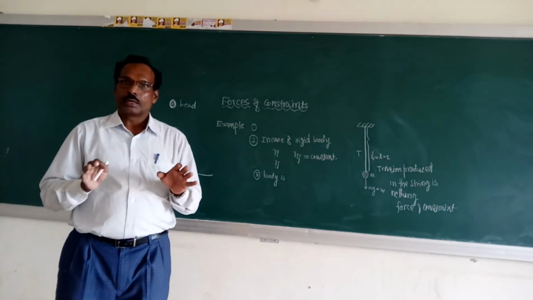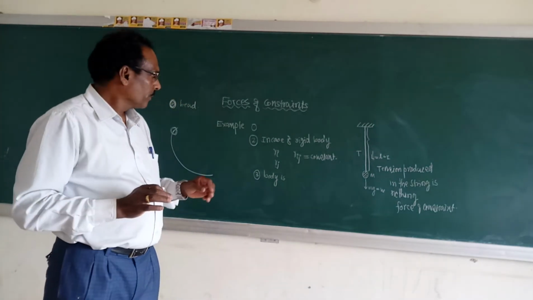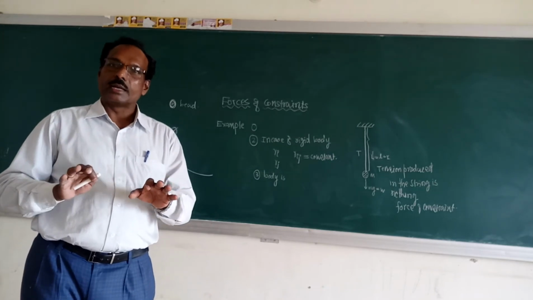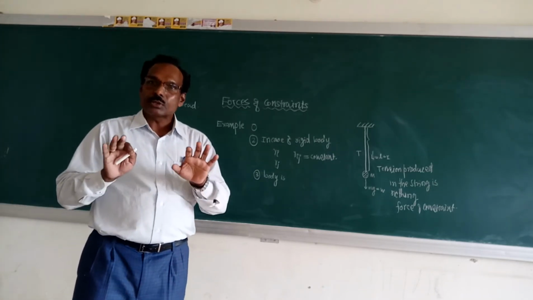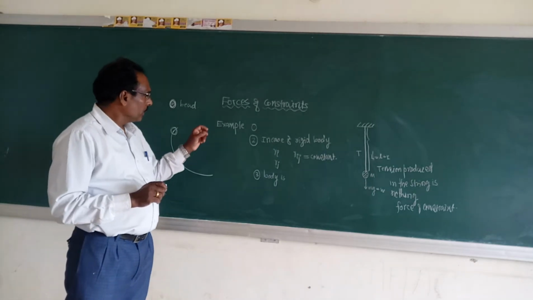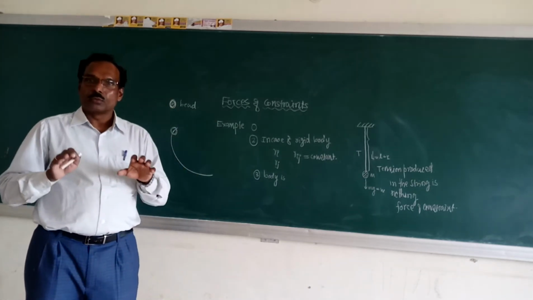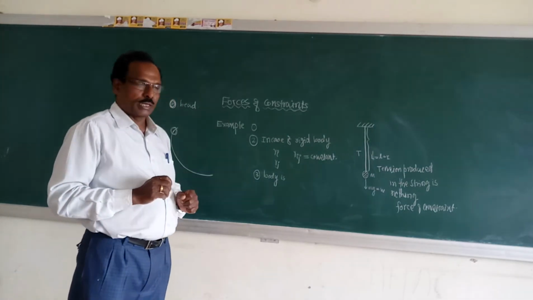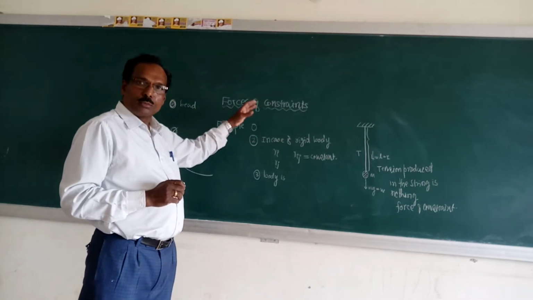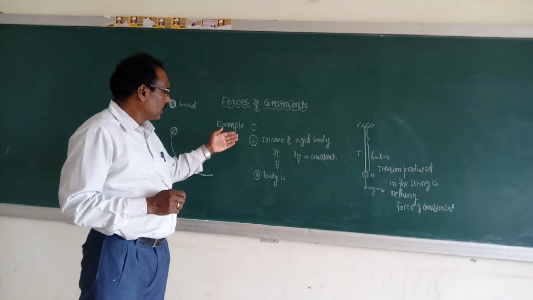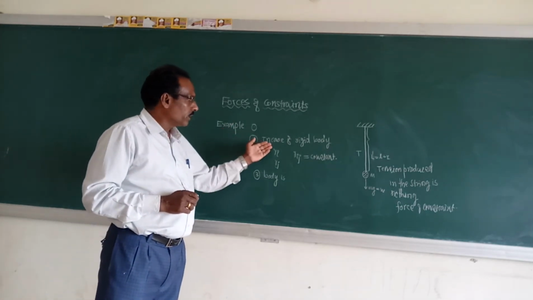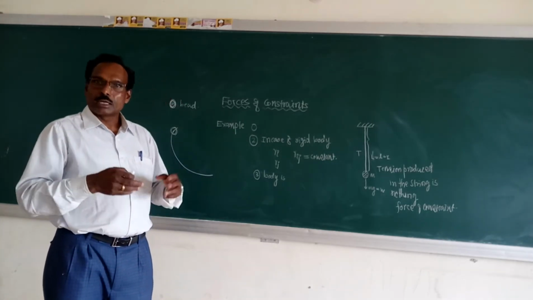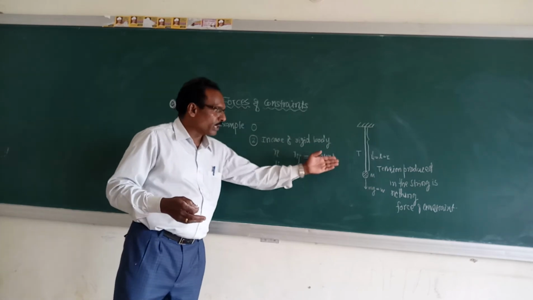If you look into this article, the forces of constraint, knowingly or unknowingly, come into a mechanical problem which we are interested in solving. There are many examples here. I have given a particle moving on the circumference of a circle, a body moving on a spherical surface, or a simple pendulum.